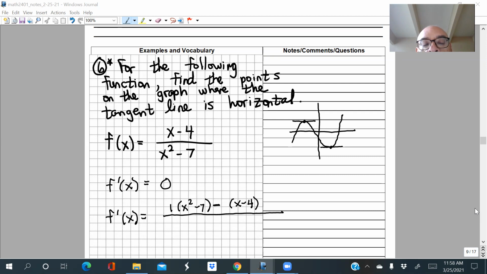So remember, Jocelyn, you can take it term by term, right? So first, just what's the derivative of x squared? You remember the power rule?